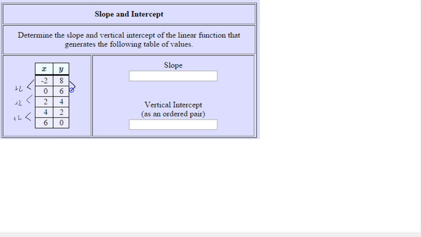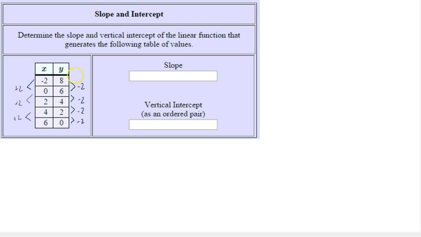So these are each going down by 2 from one value to the next. And this tells us, since these numbers match up, any ratio will match up, and this tells us that it is in fact a linear function, which we were given, but it's nice to see that.